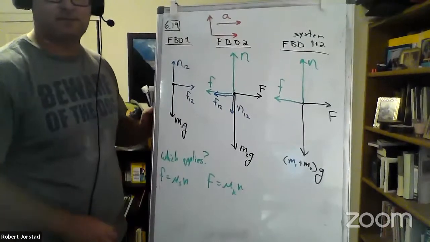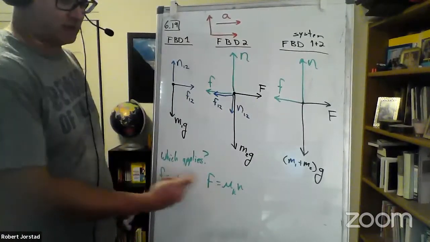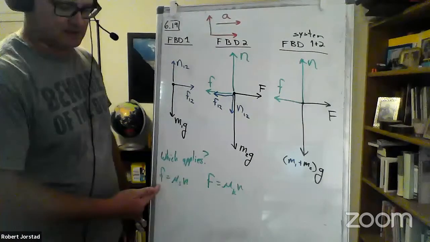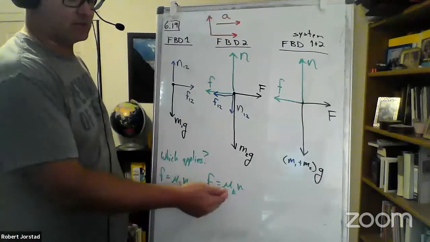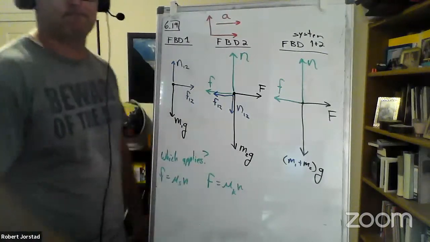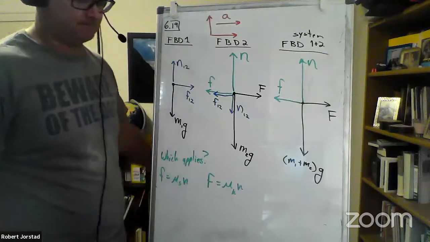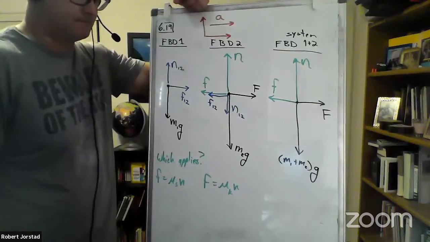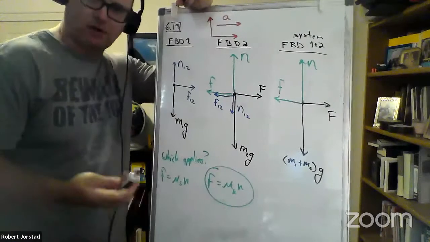It's a little better. Which of these equations applies? Does F equal mu static times the normal force, or does it equal mu kinetic times the normal force? Mu kinetic normal force because it accelerates. Exactly. It's moving relative to the floor.